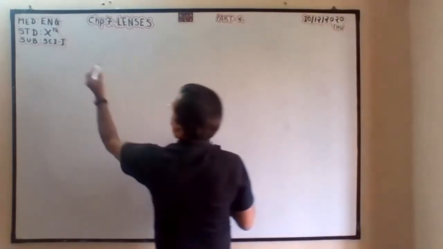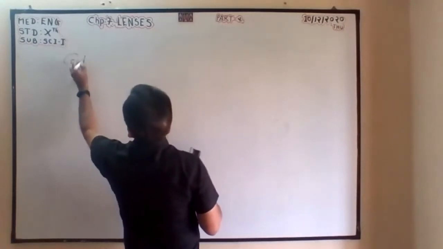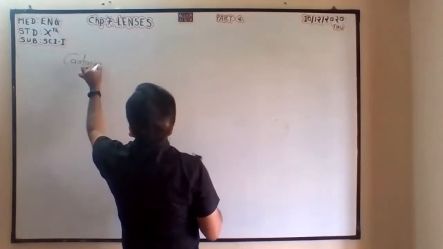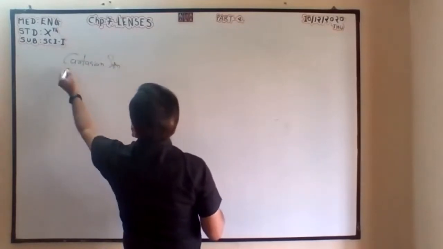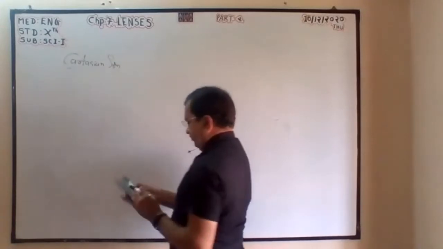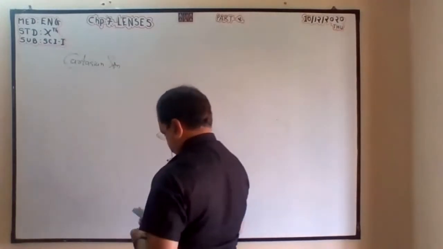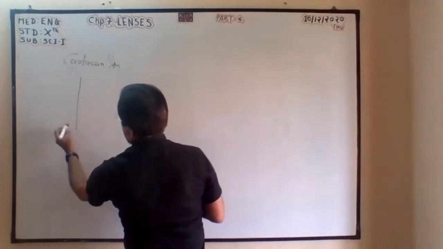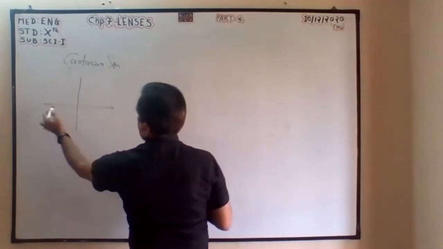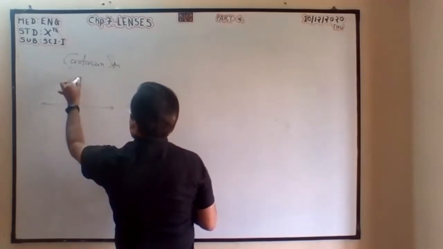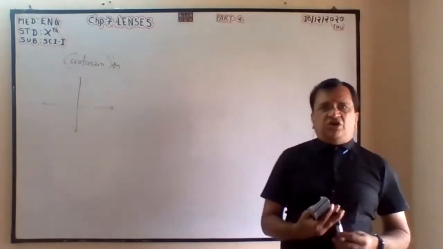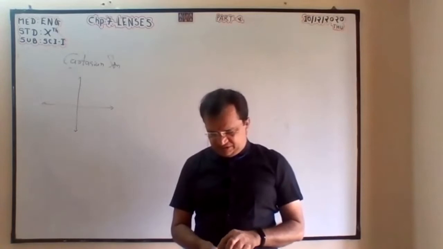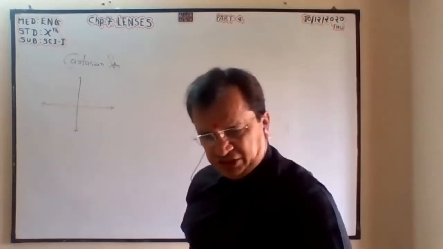Cartesian sign. Compared to a graph, the intersection of the horizontal x-axis and vertical y-axis is known as the origin.